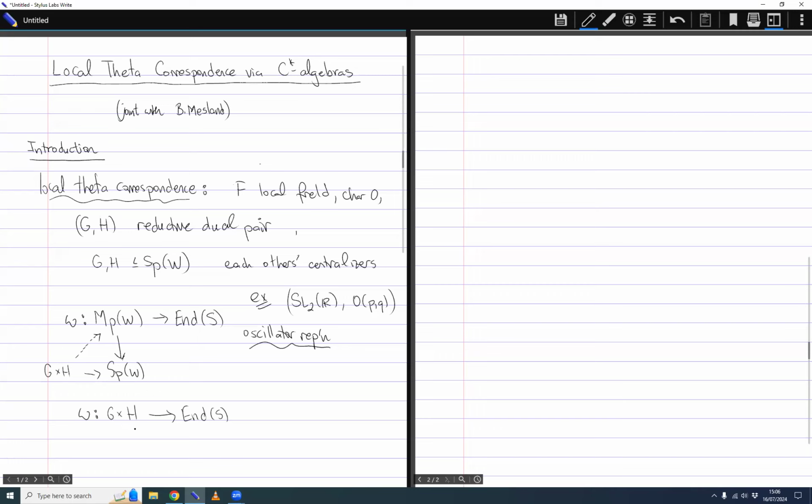When P plus Q is odd, you cannot keep SL2; you have to go to the metaplectic cover. But let's not worry about that. The big picture is that we have a distinguished representation of G cross H.